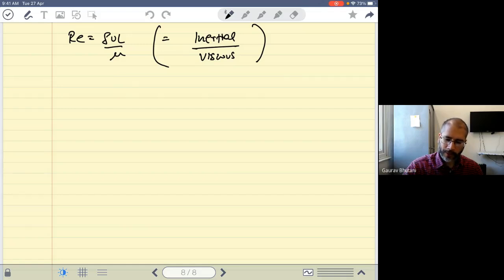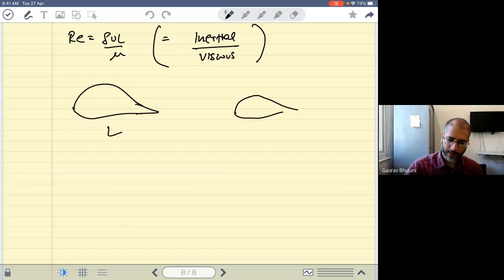So if you had two flow situations, in one case let's say the aerofoil length was L, and in the other case you have a small aerofoil, simply the same, everything is the same except that the size has reduced to half. So this we call model number 1, and this we call model number 2.